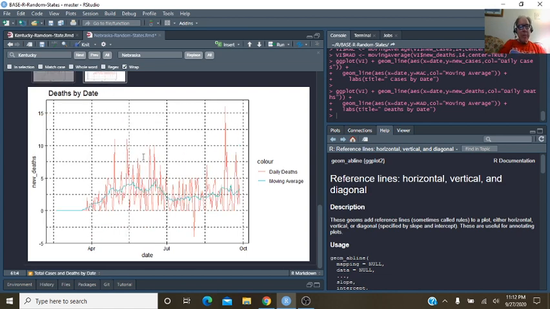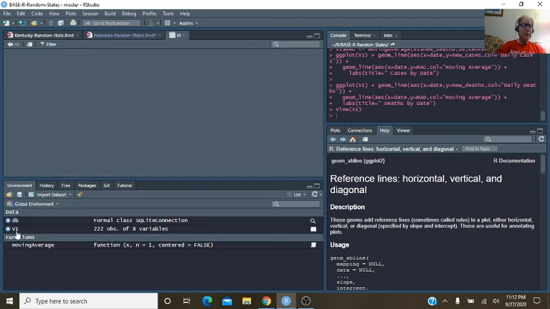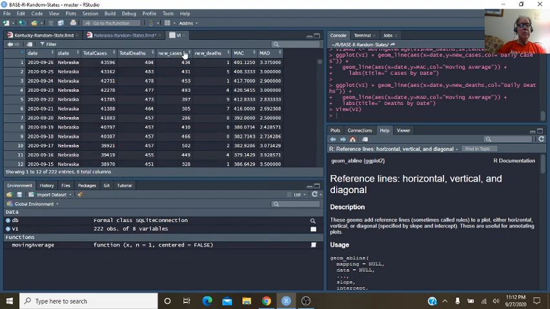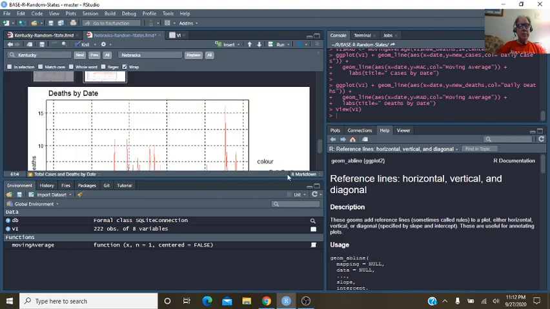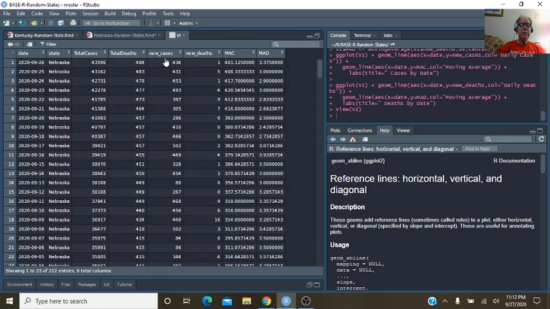Okay. Deaths, on the other hand, you've got these spikes here, and I'm wondering if those aren't actually maybe weekends or something like that. Let's just take a quick peek at this.